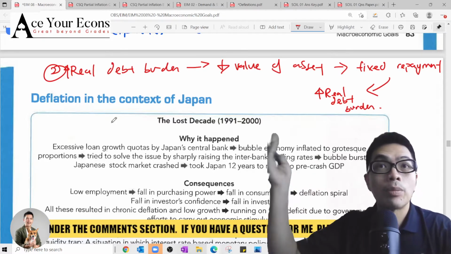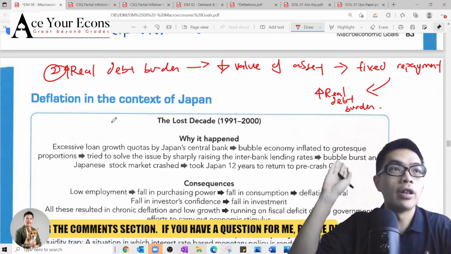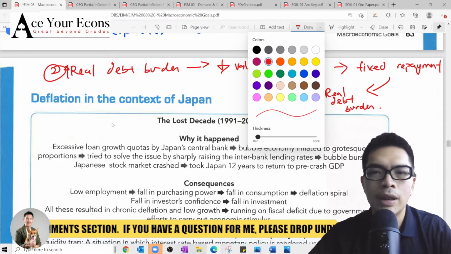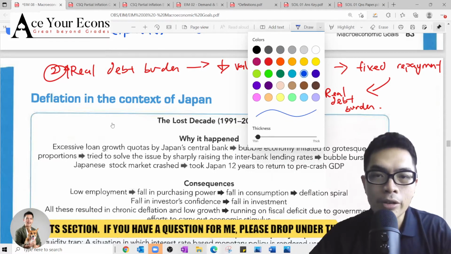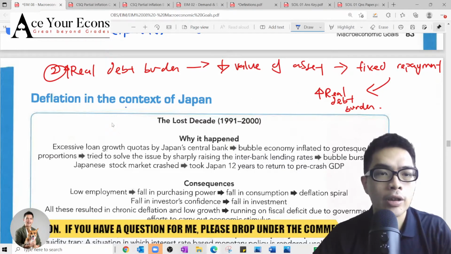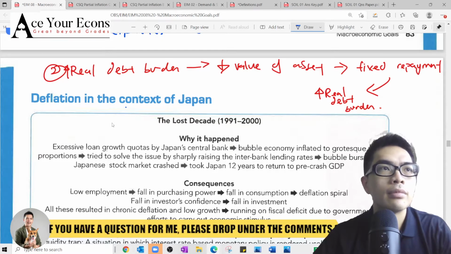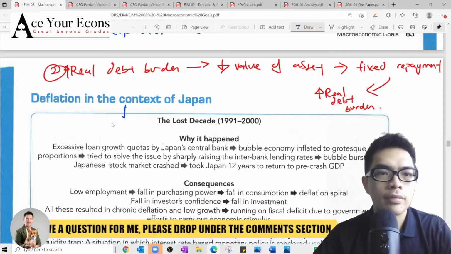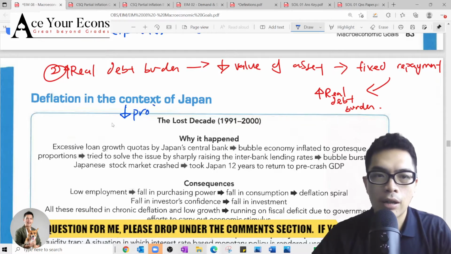So this is from the consumer perspective. Fairly straightforward, right? Now, from the firm's perspective, it's going to be the same. Remember just now, what did we mention about the profitability of firms during deflation? Does it go up or go down? It goes down, right?